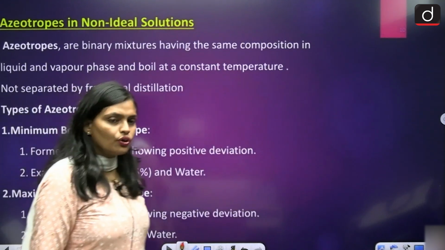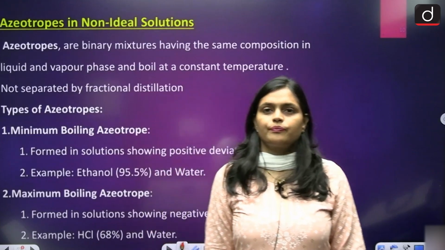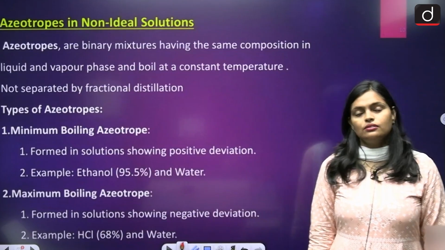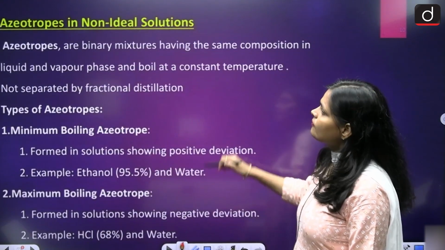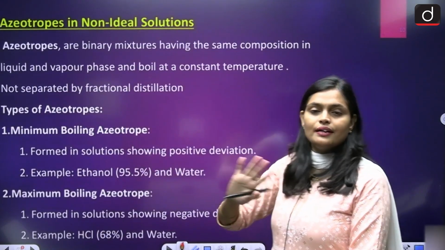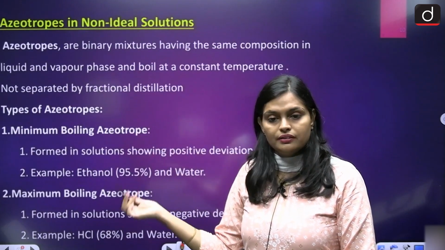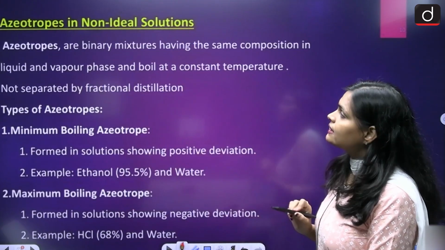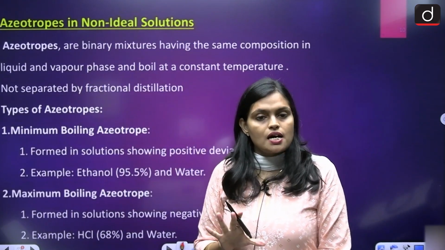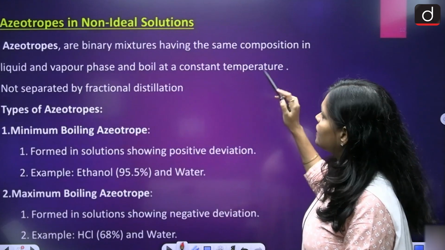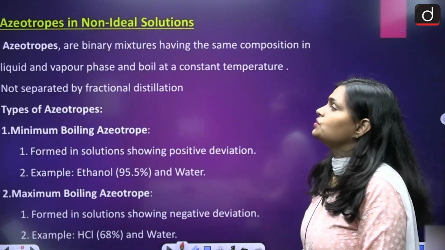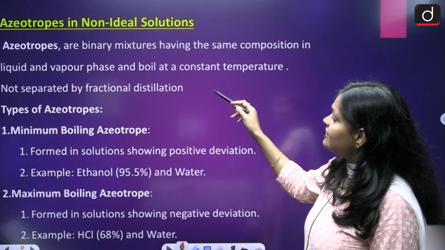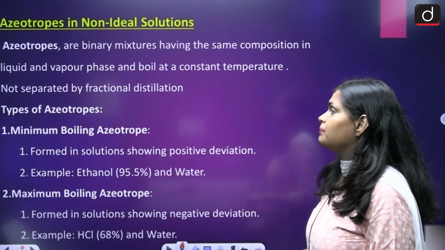Azeotropes in non-ideal solution. Now let's talk about azeotropes in non-ideal solutions. Raoult's law clear हो गया? Basically, azeotropes are binary mixtures having the same composition in liquid and vapor phase and boiling at a constant temperature.